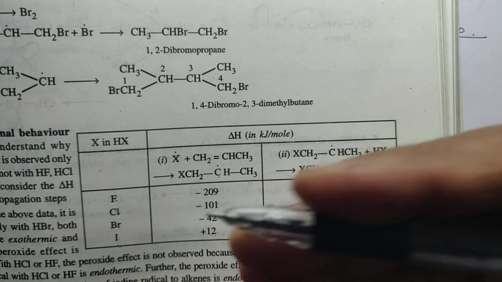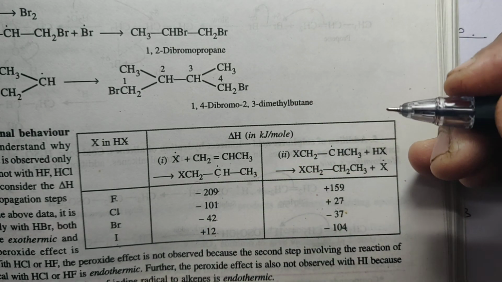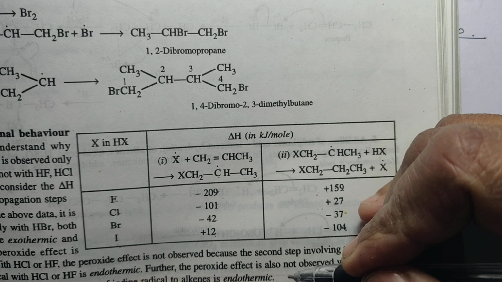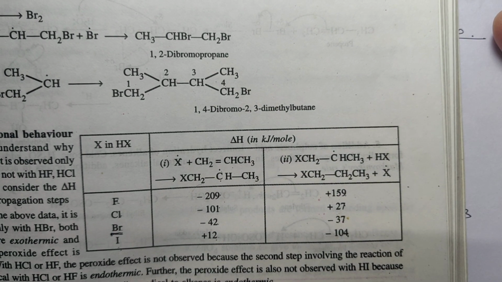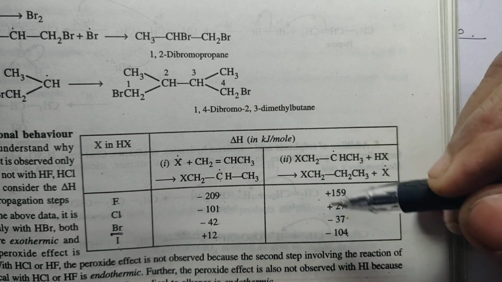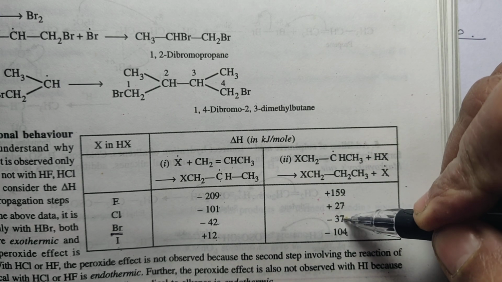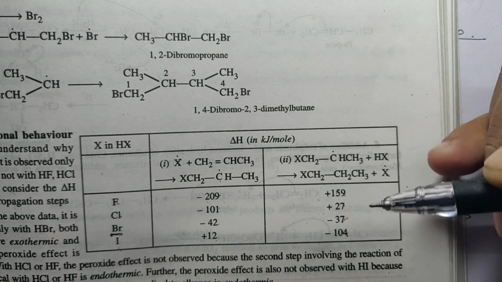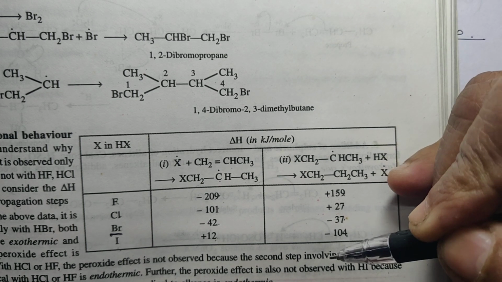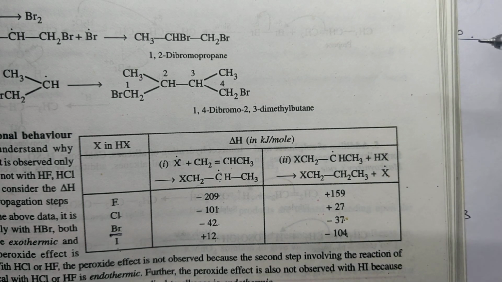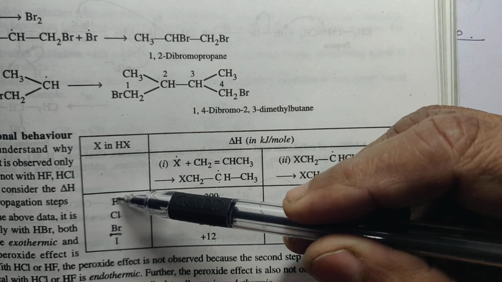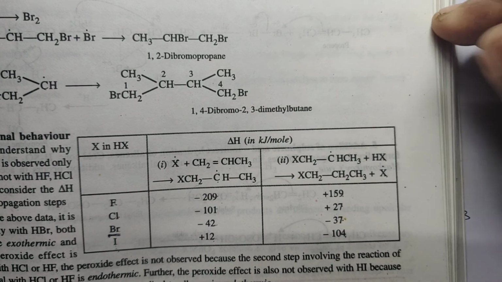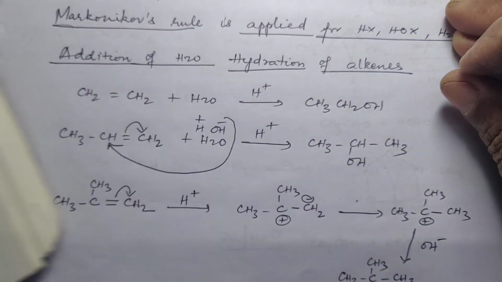In the first instance itself it is not favorable. That is why this anti-Markovnikov addition is taking place with HBr only, where both the steps are exothermic, both favorable. It doesn't take place with HCl, it doesn't take place with HI, it doesn't take place with HF. Okay, so this is what you have to remember.